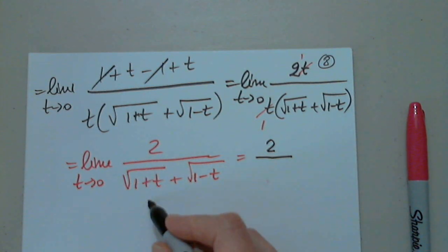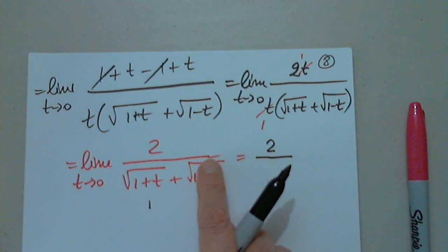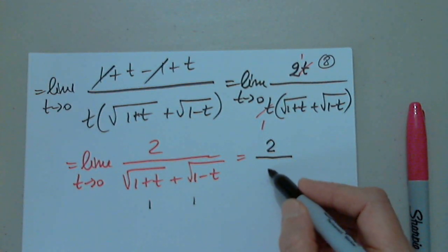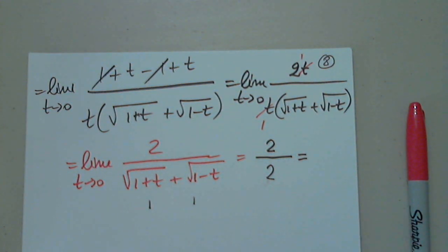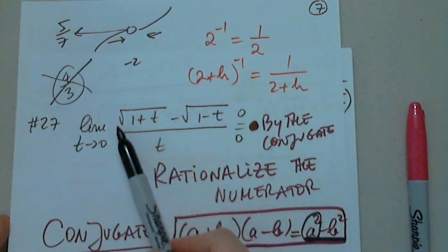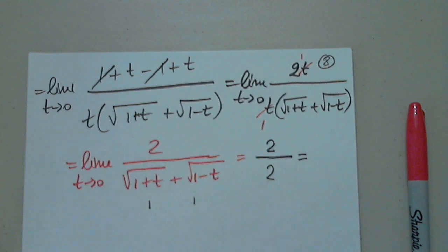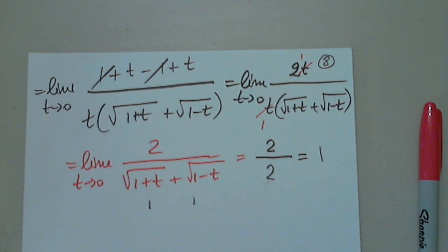The square root of 1 is 1. So 1 minus 0 is 1. The square root of 1 is 1. So the denominator goes to 2. So then the limit, or the tendency, of the original function, 3 pages ago, I'm exaggerating of course, where is this tendency? The tendency of this function when t approaches 0 is 1. That's it.